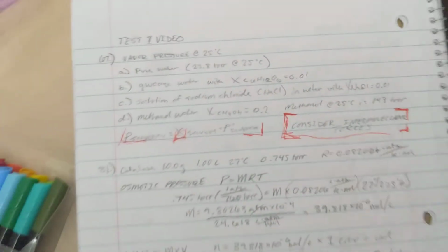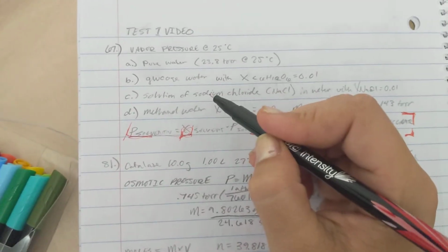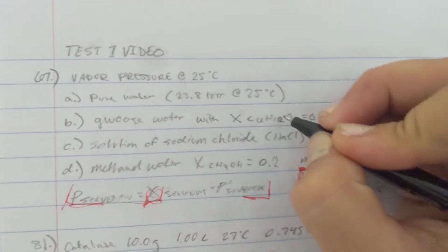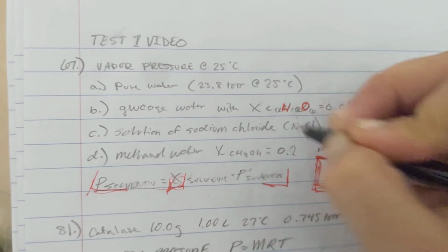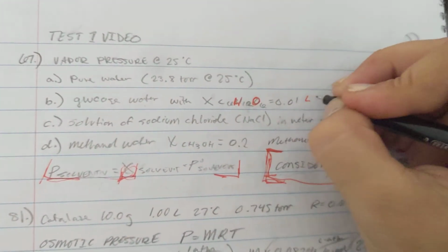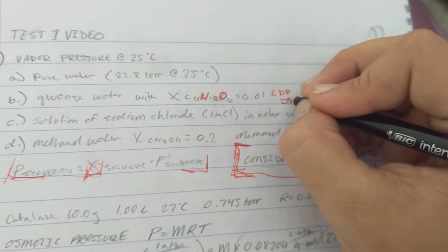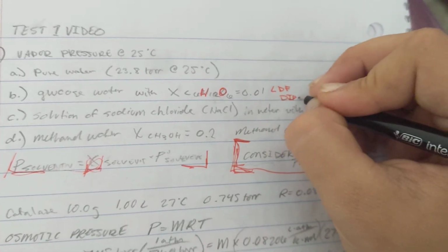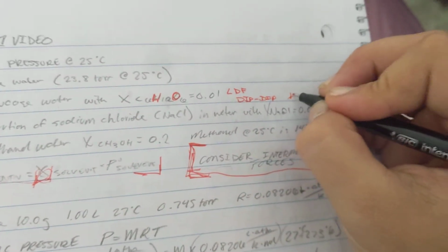And I'm going to go with hydrogen bonding as number 1, because we're given the names of each of these. So, glucose. Here's a hydrogen bond, O and H. That means there has to be LDF, dispersion, dipole, dipole, and hydrogen bonding.